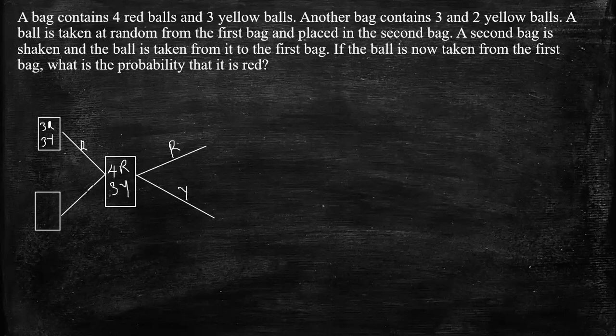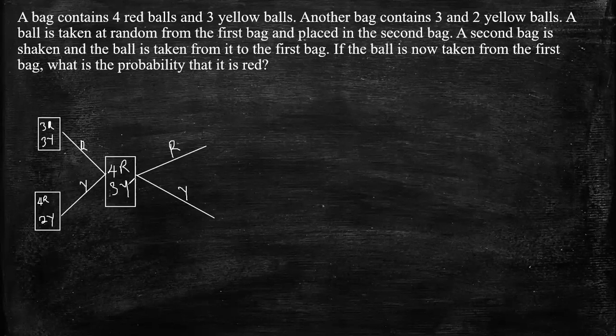If we remove yellow, the red ones are going to remain 4, and then these are going to reduce to 2. So this left part, we are putting it there ahead of time, so that when we are coming back to add, remember we are picking a ball from the first bag, we place it in the second bag.